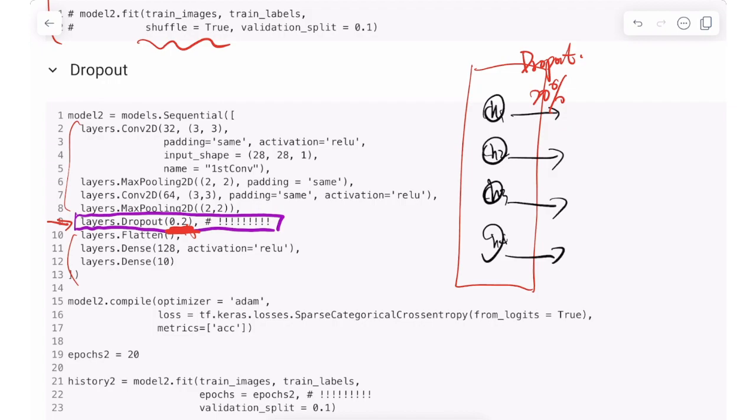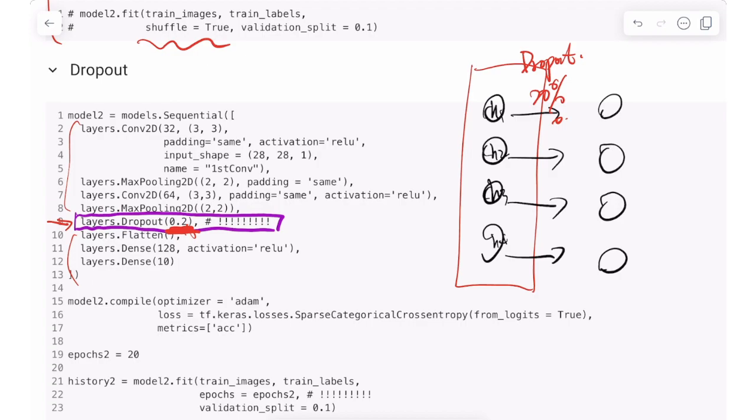So 20% of the neurons will be turned off, and their output will be 0. For the next layer, only 80% of the data will be passed through the dropout layer. That means only partial information will be passed to the next layer.